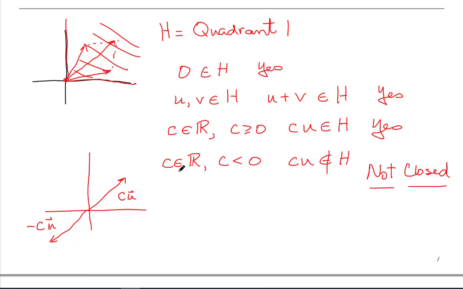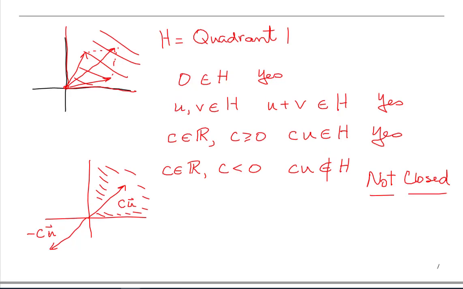But the problem is if I multiply by a negative number, so minus C times vector U, it's not in. Remember, here was supposed to be our subspace H. It's not in there. So it's not closed under scalar multiplication. Therefore, it is not a subspace.